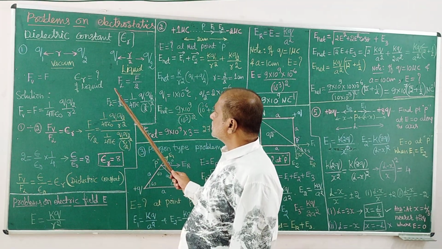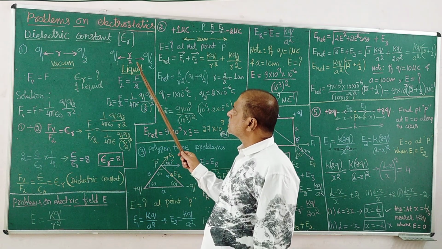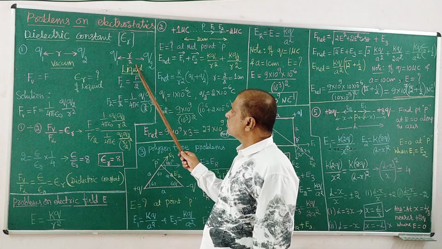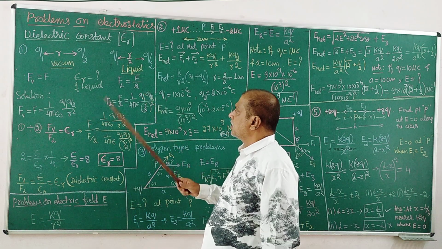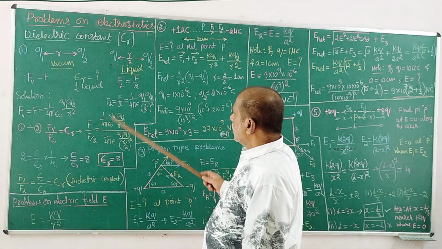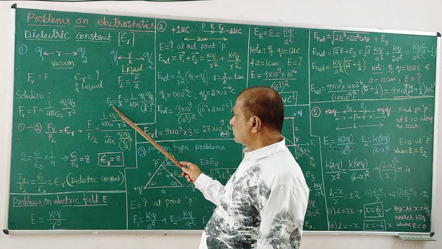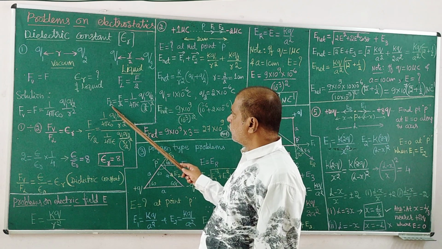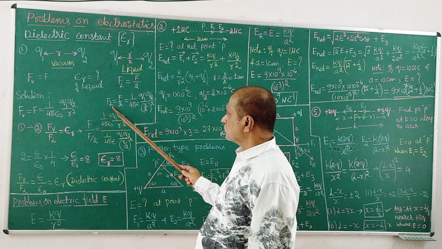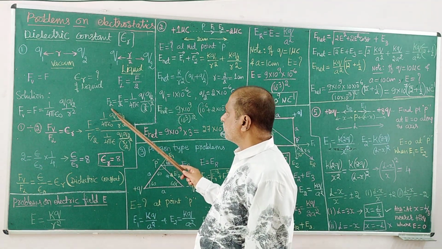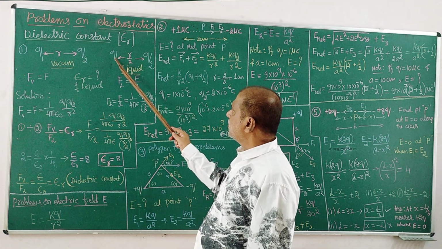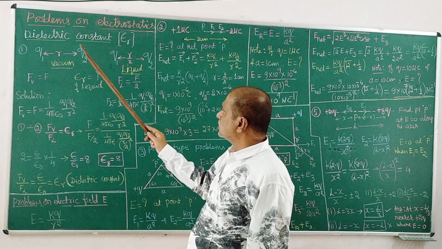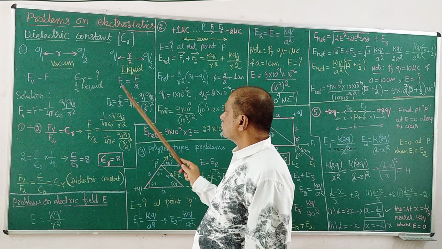In the same way, let us apply Coulomb's law for this, but the space is filled with liquid material. Here the force in presence of liquid is FL, or you can also write FM for medium. FL is the Coulombic force between the same two charges with liquid taken here.